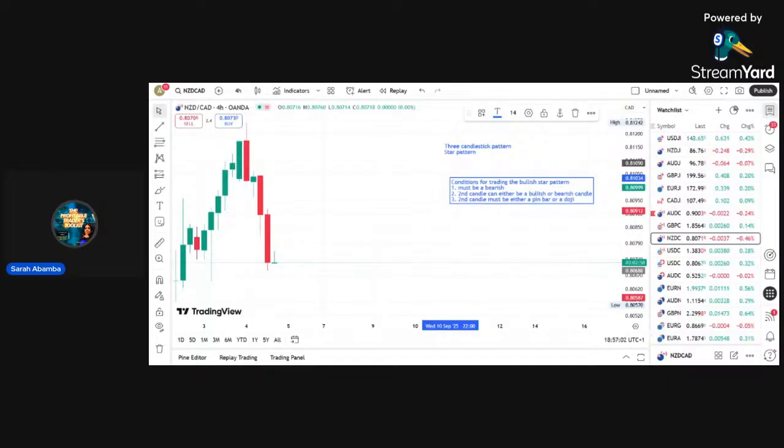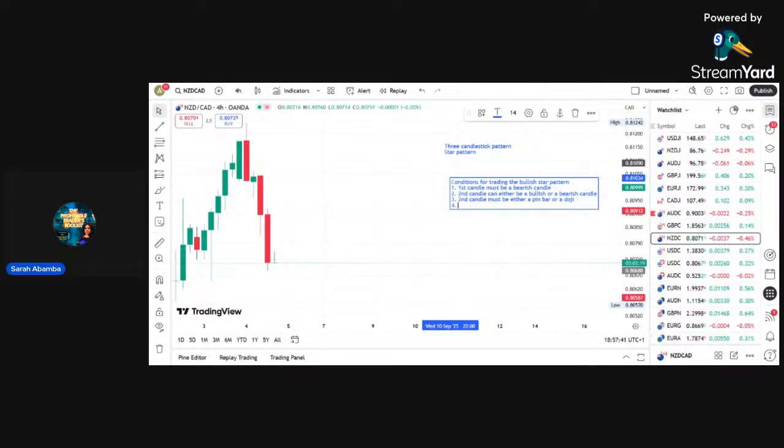Your first candle must be a bearish candle. It is a must. There are no two ways about it. Now the second candle can either be a bullish candle or a bearish candle. This is your second condition. Then, still for the second candle, it must either be a pin bar or a doji.